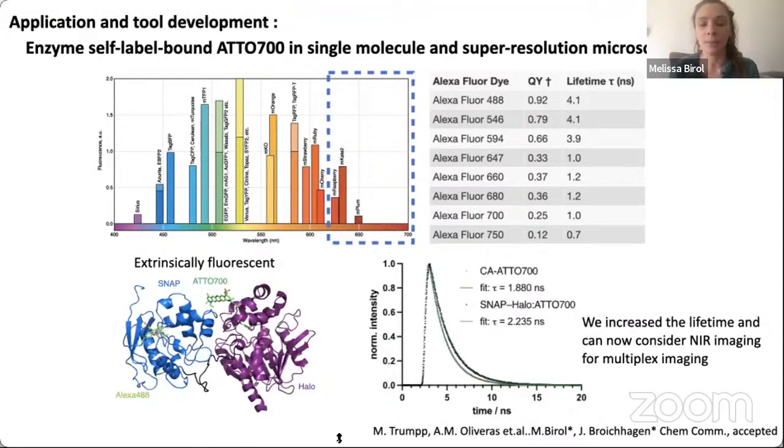And we recently published a paper showing that when we add ATTO 700 to Halo or SNAP, we increase the lifetime, and we reach a lifetime of about 2.2, which is relatively good, in the range of GFP. So we are trying to see how we can get better probes in the near infrared, and this is in collaboration with the Hackenberger lab at FMP in Berlin that we're working on.